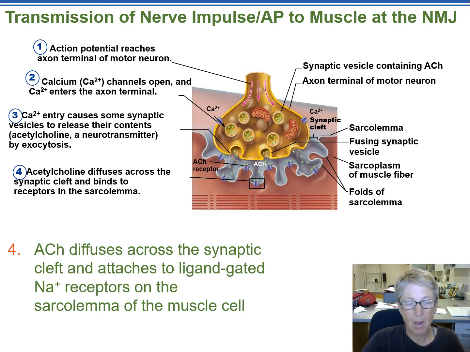So remember, we've talked about voltage-gated sodium channels. These are ligand-gated sodium receptors. So this gets a little tricky, but the ligand in ligand-gated is acetylcholine. The ligand is just a general term for a molecule, so the ligand acetylcholine will bind to these ligand-gated sodium receptors, or sodium channels, and that's going to cause these sodium channels to open.